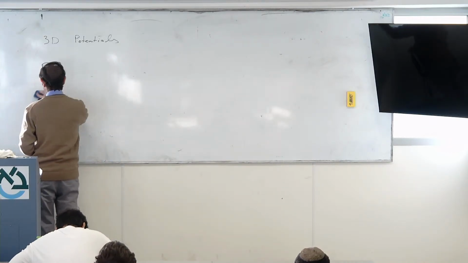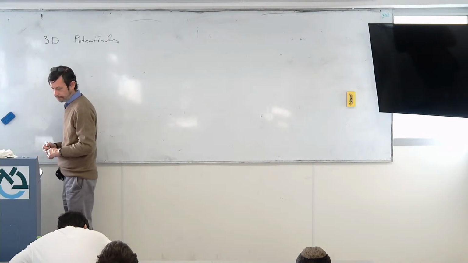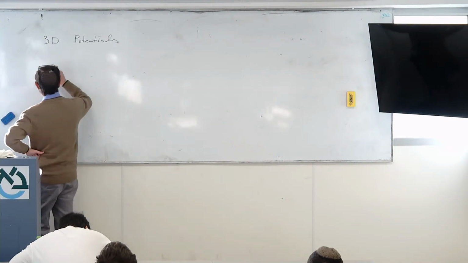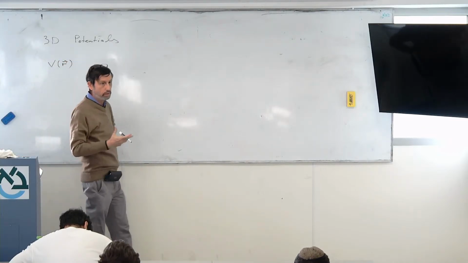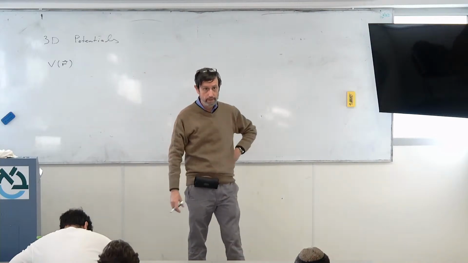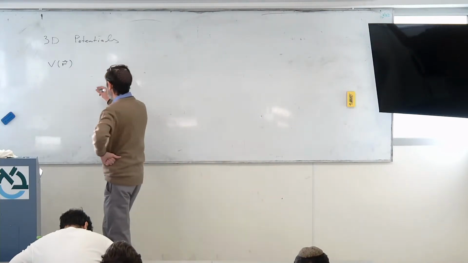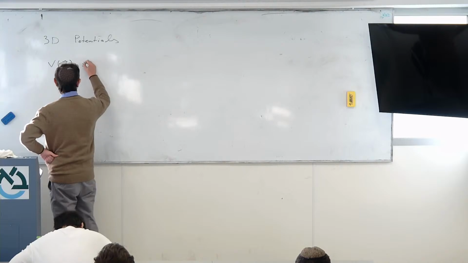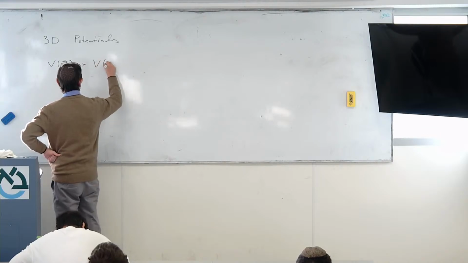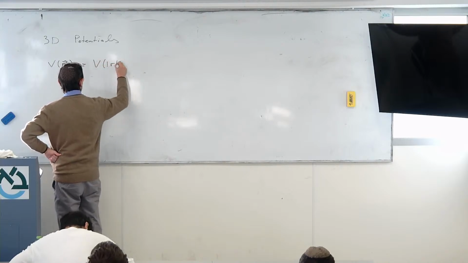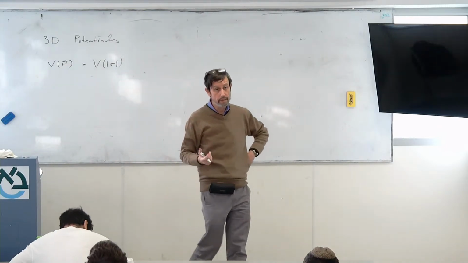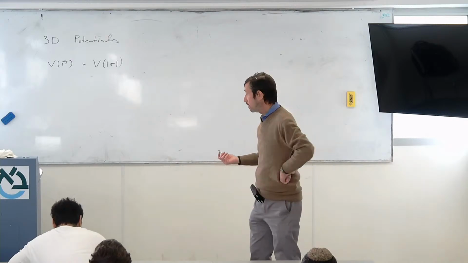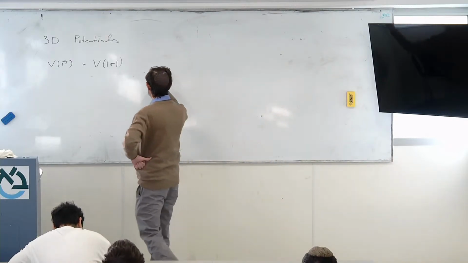What does it mean, a central potential? We have a potential which in principle depends on our vector, but in this case depends only on the distance from the center. So this is the central potential.